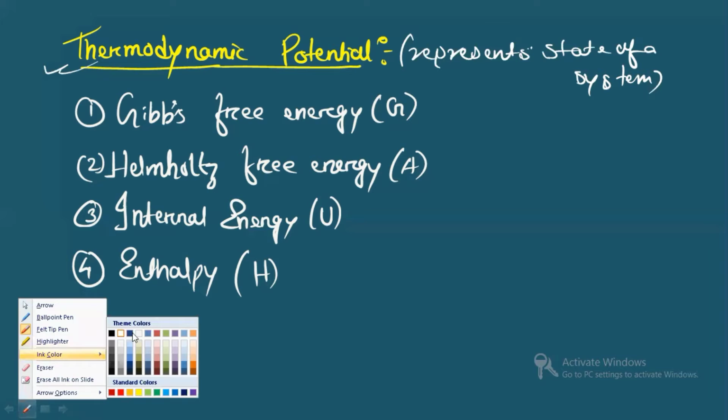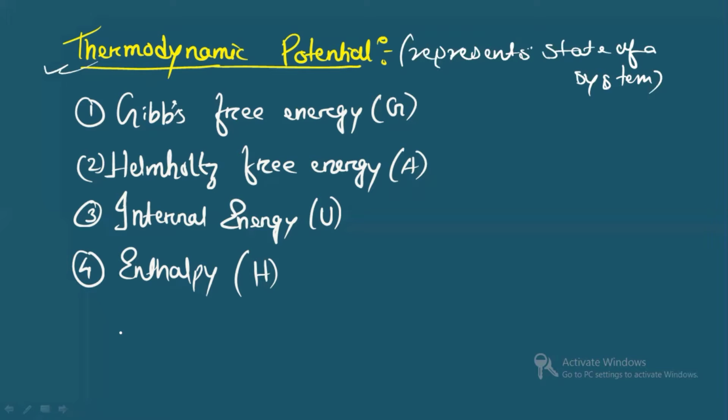Suppose you know the pressure and temperature of a system, but you do not know the volume and entropy. Then using the thermodynamic potential, you can measure more state variables. Thermodynamic potential allows us to measure more state variables. This is an important thing.